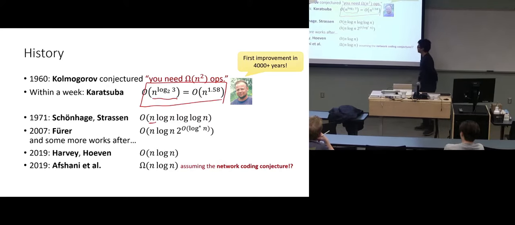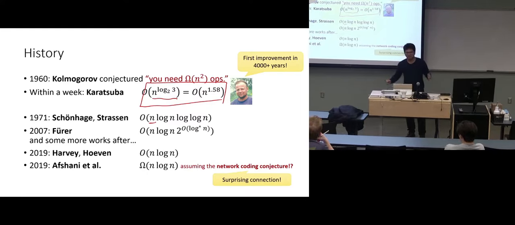And this conjecture, interestingly, is a very surprising connection, because maybe I'll give you the link, but this conjecture talks about efficiency of communication, how to communicate in a network. It has nothing to do with multiplication, but somehow this connection can be made.